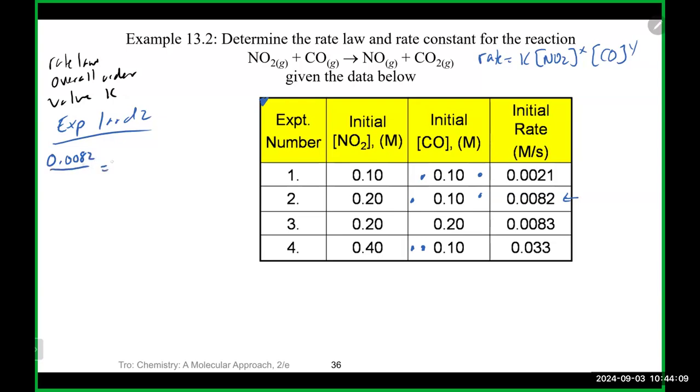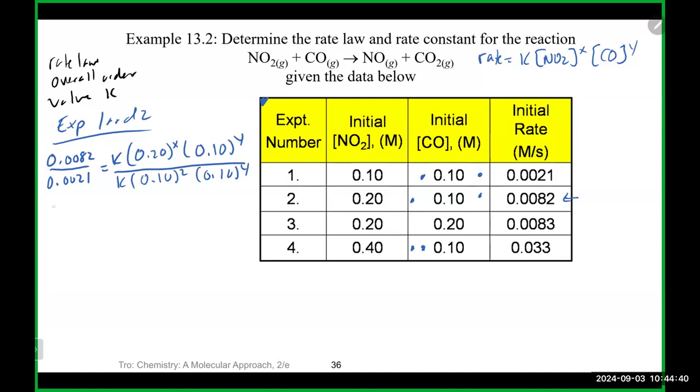So that's going to give me 0.0082 is equal to K times 0.2 to the X and 0.1 to the Y. We're now going to put everything from experiment 1 on the bottom: 0.0021, K, 0.12 to the X and 0.1 to the Y. Now when we do a little division here, we might not get as pretty numbers.